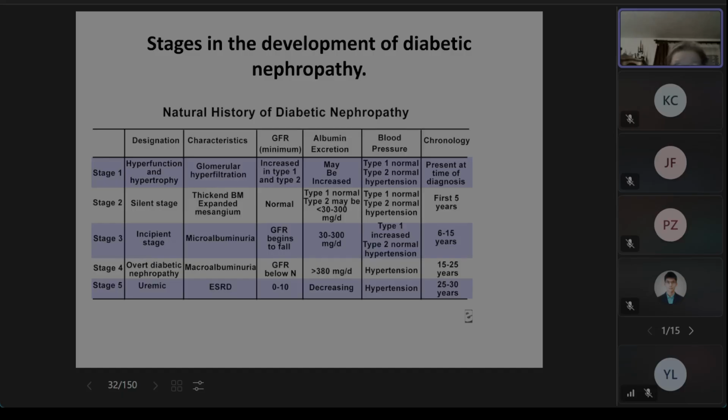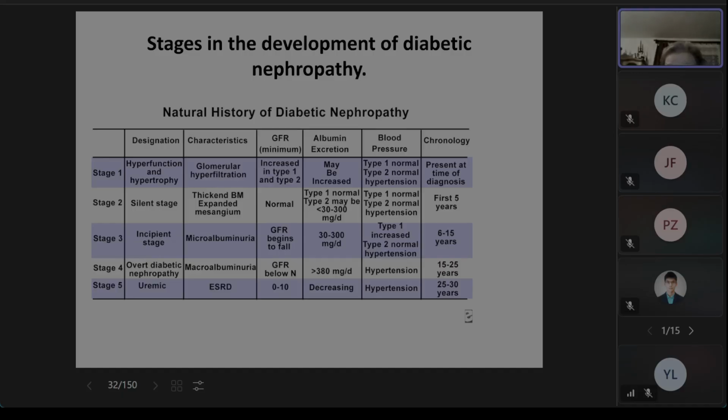And finally, Mogensen described the last stage, the 5th stage, which in fact is the same as, or parallel with, the 5th stage of chronic kidney disease. This is in fact end-stage renal disease. Patients are uremic. We observe the GFR level less than 10 milliliters per minute.